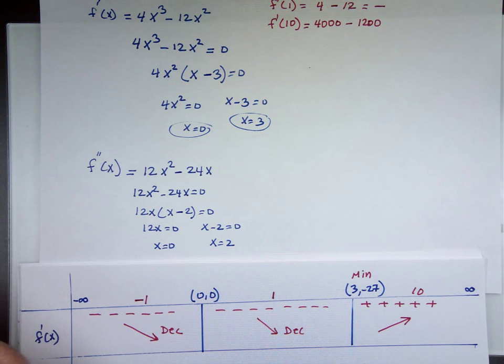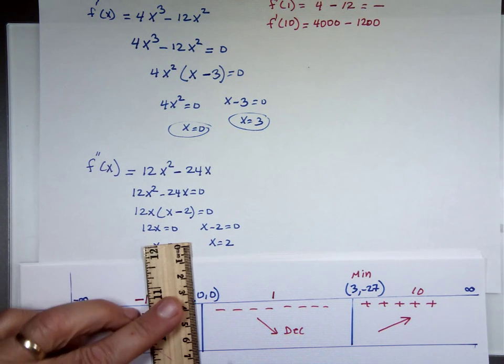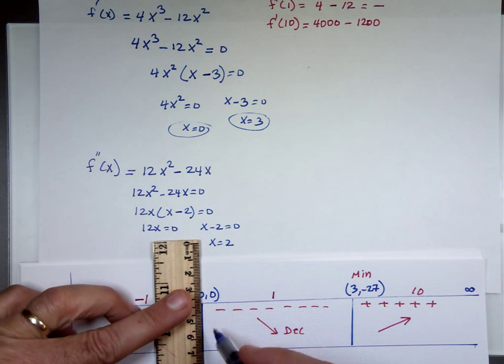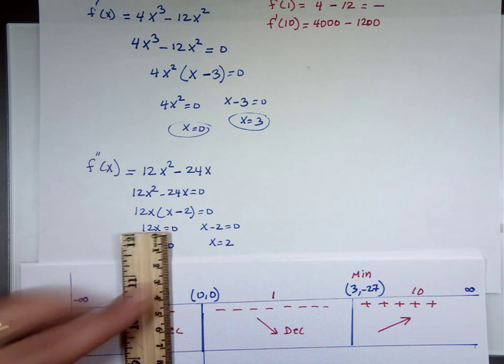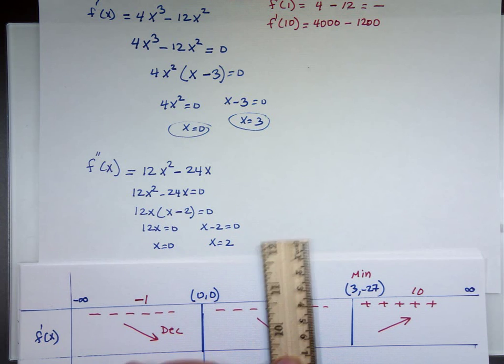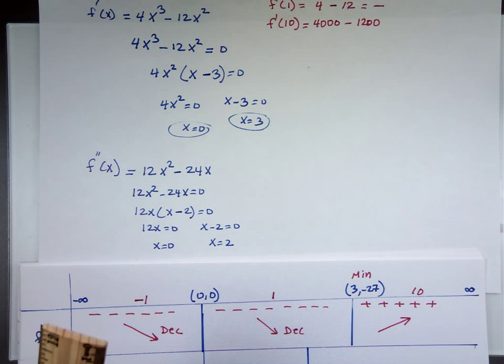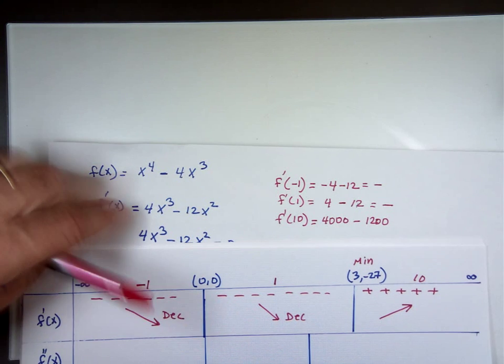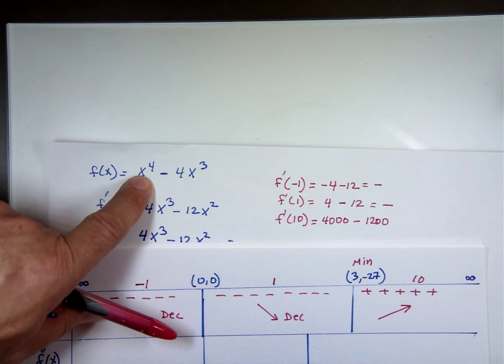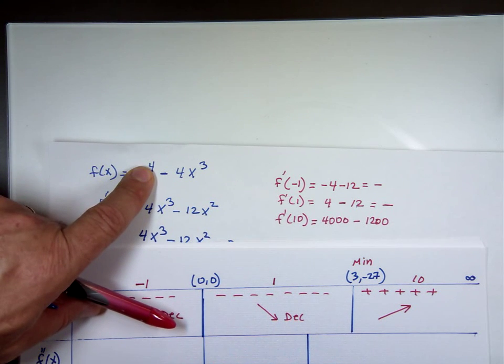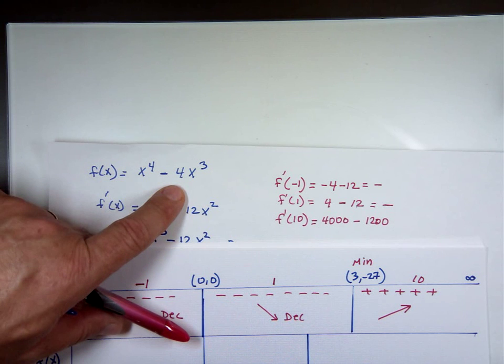So let's extend the 0. But we also have another one at 2, which is somewhere here. That's where the 2 is. And when x is 2, again, what's the y value? Plug it here. What is 2 to the 4? 16. 4 times 8 is 32. What's 16 minus 32?